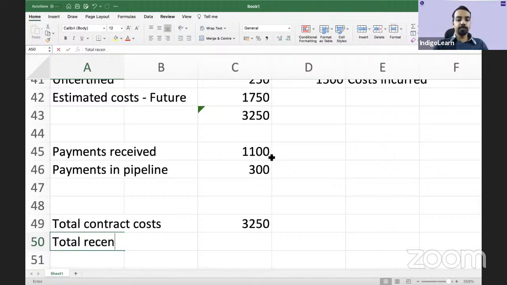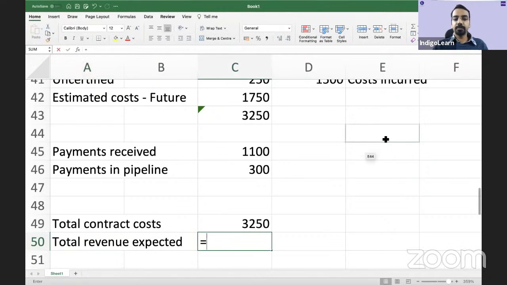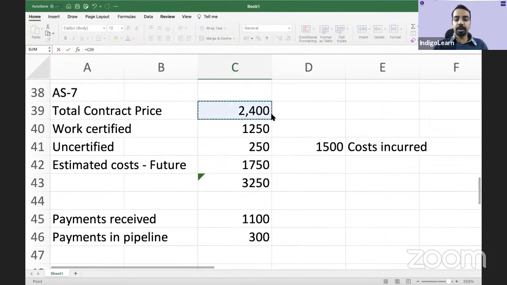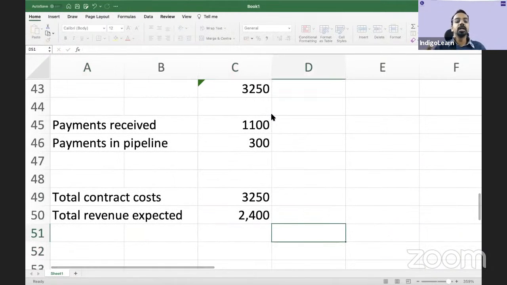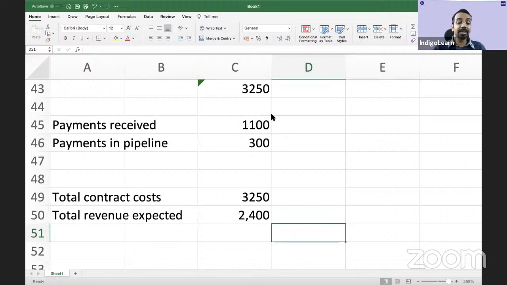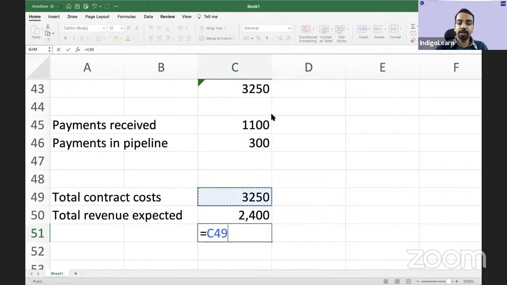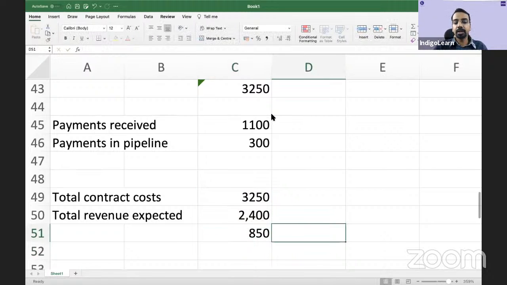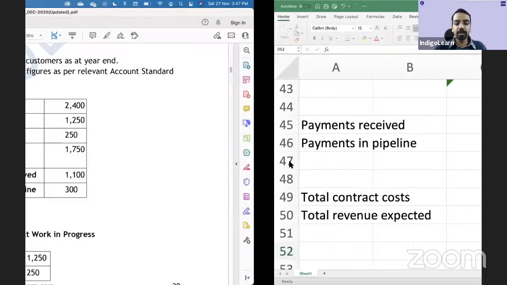Total revenue expected is 2,400. Now, the moment your contract cost exceed the revenue, then you have to recognize the loss. So 3250 minus 2,400, this is the expected loss, right? That is the expected loss.